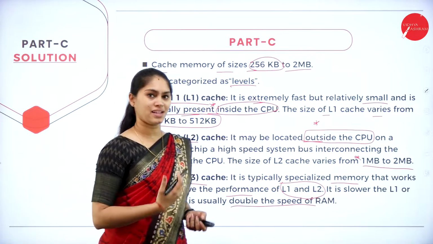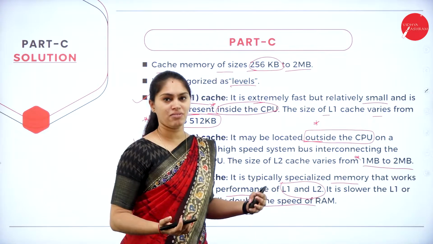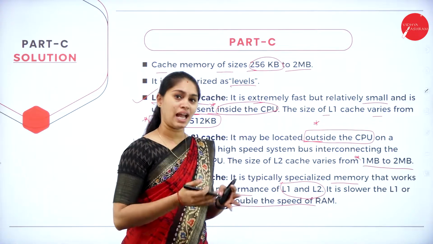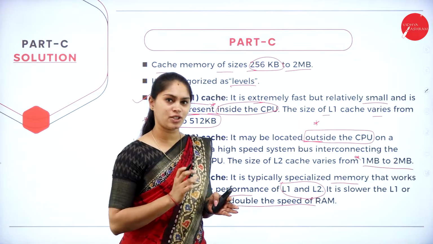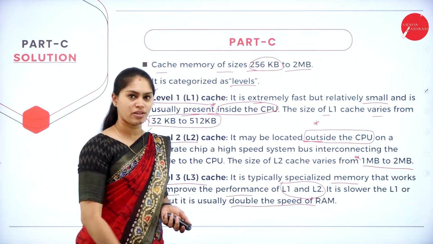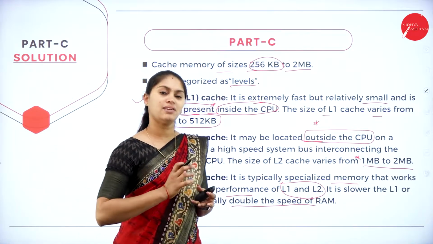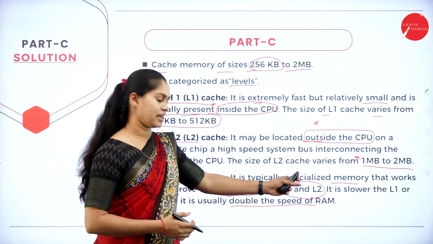If you compare cache memory with RAM, cache memory will be faster than RAM. But when L3 is compared with L1 and L2, it will be lower in processing speed, because it has control over L1 and L2, so it takes more time than L1 and L2.